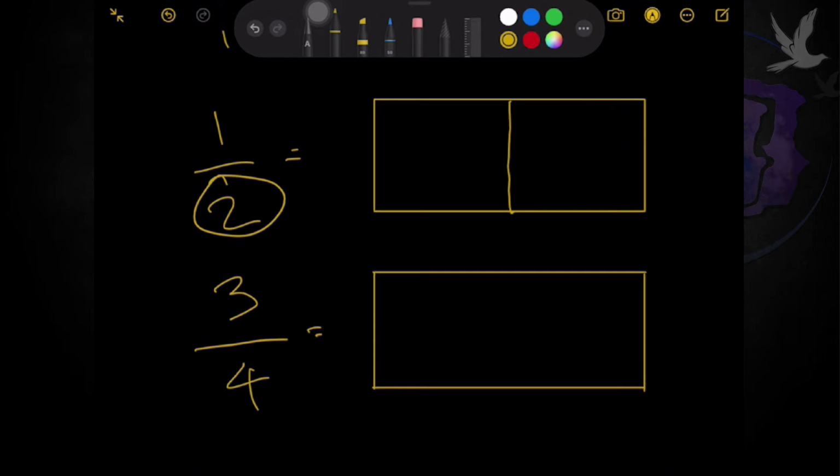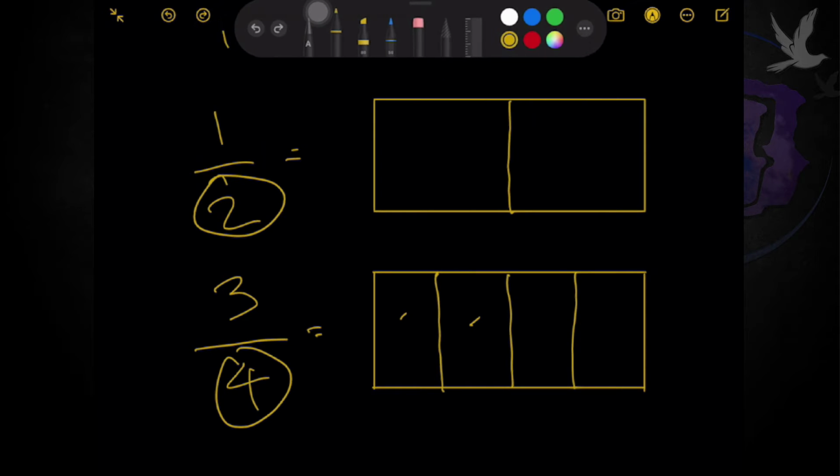Kapag hindi nyo ma-perfect yung drawing by a small differential error, okay lang yan. Acceptable lang yan. Walang problema. And for 3/4, syempre, out of 4, which means you should also make 4 equal parts. Starting with half, then taking half of the other half. Okay, 1, 2, 3, 4.